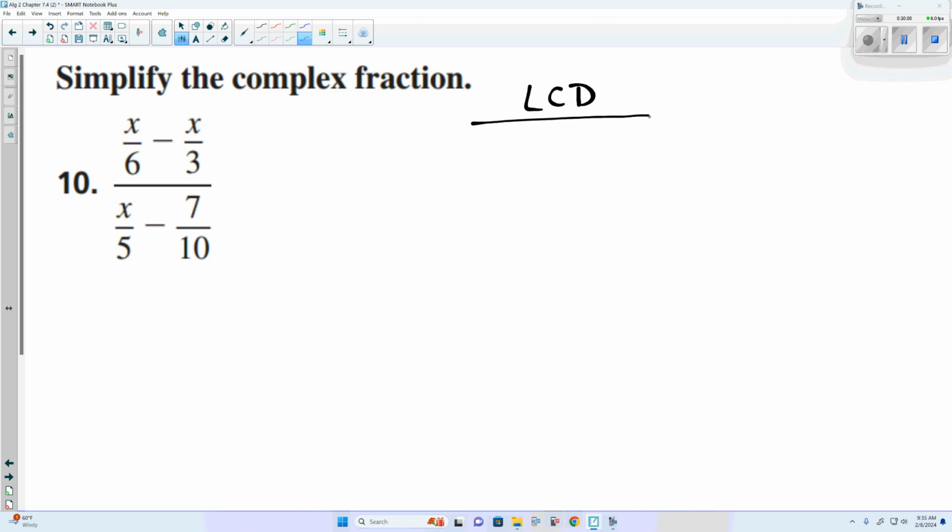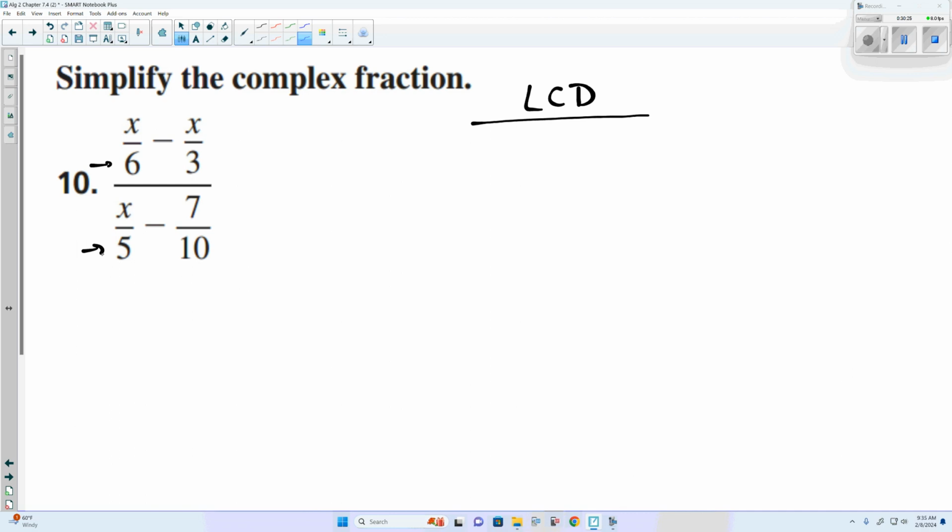We're trying to make them be the same, yes? This one's, once you see it, it's kind of nice. What's the first number we can turn both 6 and 3 into? Because we can do 30, but if I'm just looking at 6 and 3, there's one number smaller. 6. I can turn 3 into 6, yes? 5 and 10. 10, yes? Questions on this here?